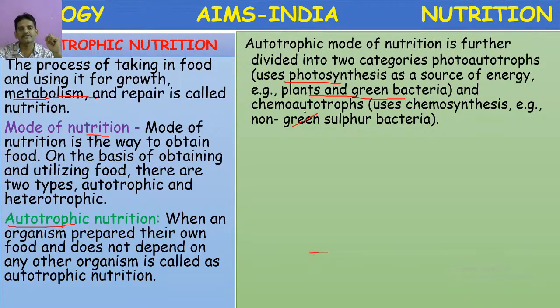The second one is chemoautotrophs. Chemoautotrophs are non-green. They can also synthesize their own food, but depending on the energy produced by the oxidation of some chemicals. That's why they are called chemosynthetic bacteria, and the process is called chemosynthesis.